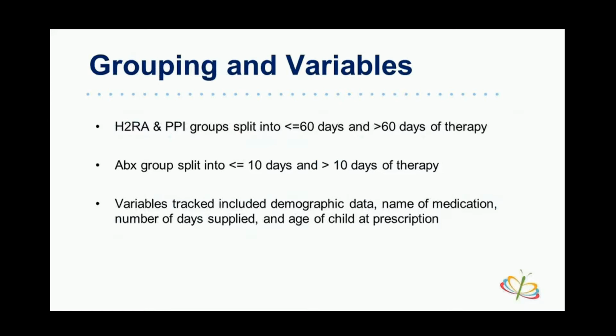Just as a little spoiler alert for when we evaluate the study later, the study did not really go into whether this was 10 days of therapy from a particular course or the total amount of antibiotics the patient received. So there was a little bit of confusion in our analysis related to that. Some variables tracked included the demographic data, the name of the medication, days supplied, and the age of the child after the prescription.